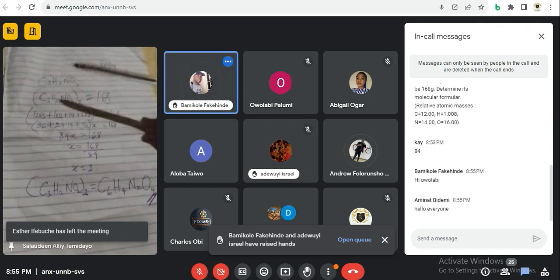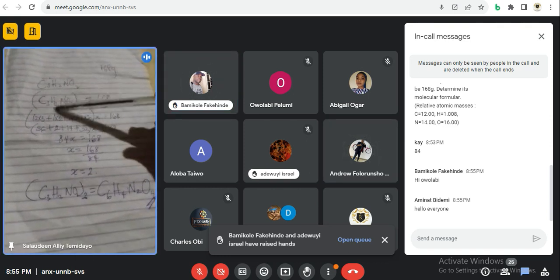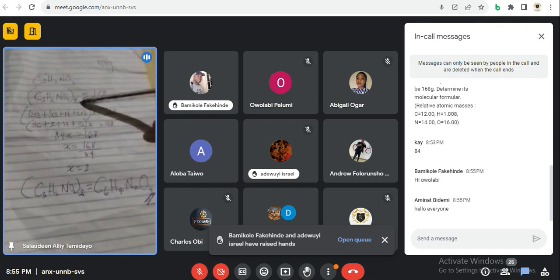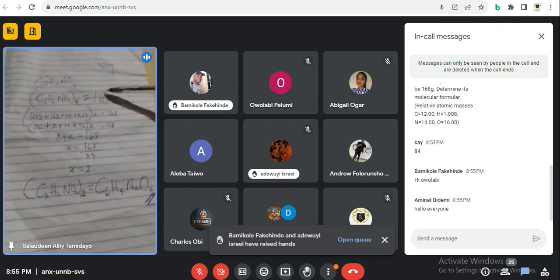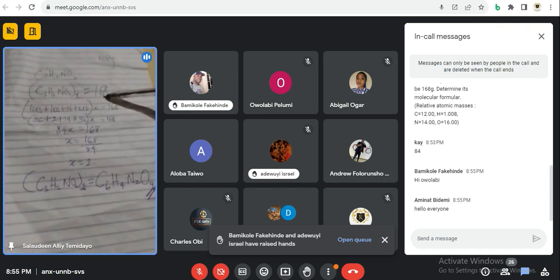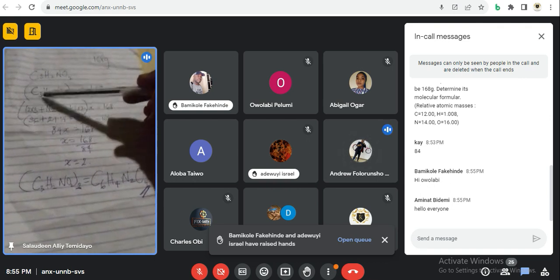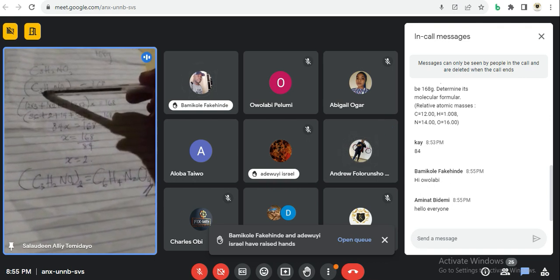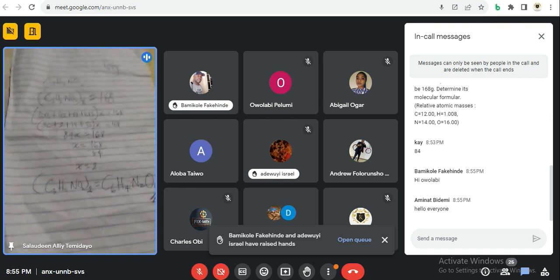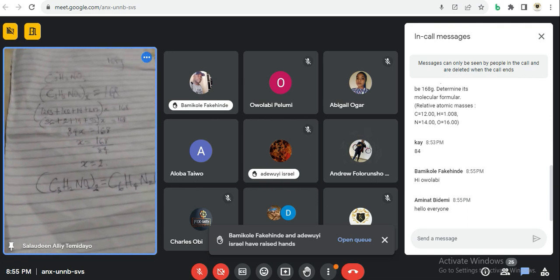So C3H2NO2 multiplied by X is going to give us the molar mass of the molecular formula given. They already said it in the question. So C is 12. That means 12 times the 3, that is subscripted. C3 means we have 3 atoms of carbon in this compound.